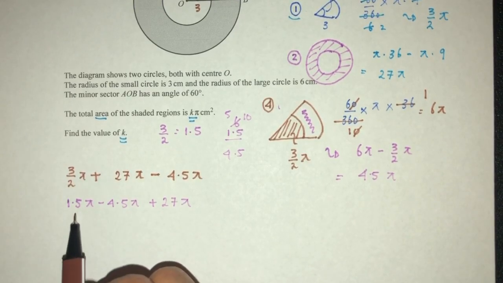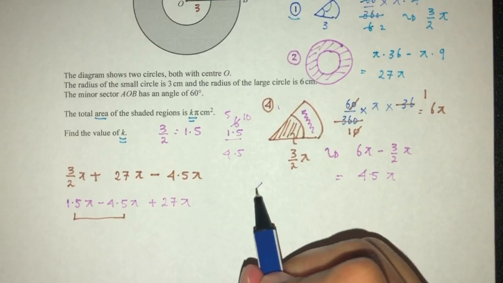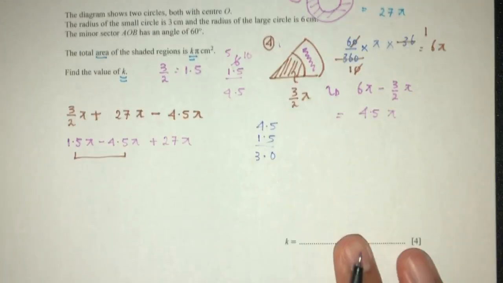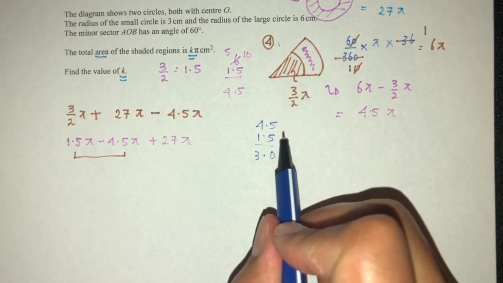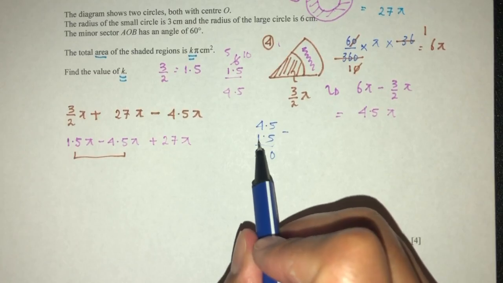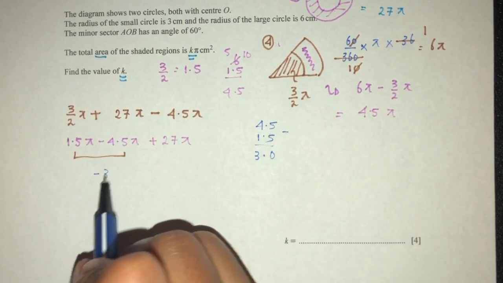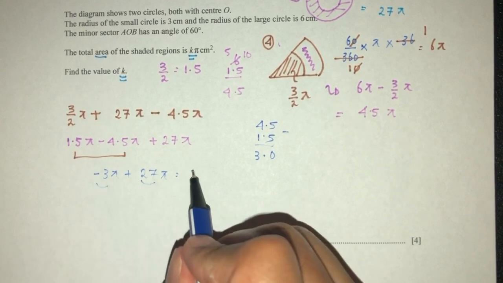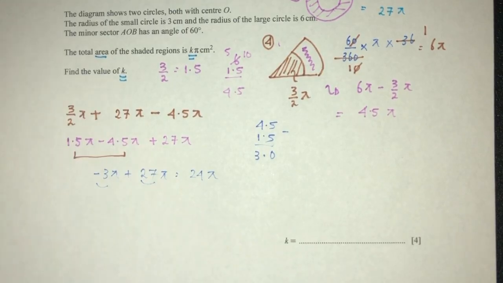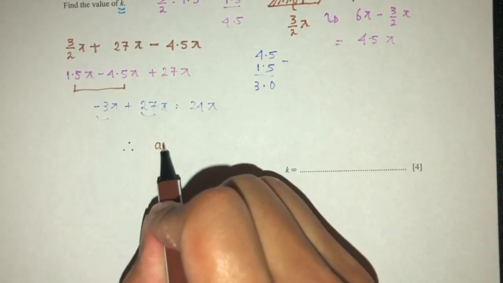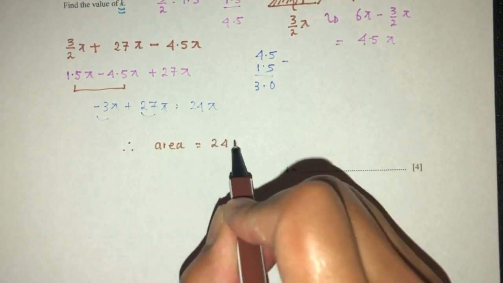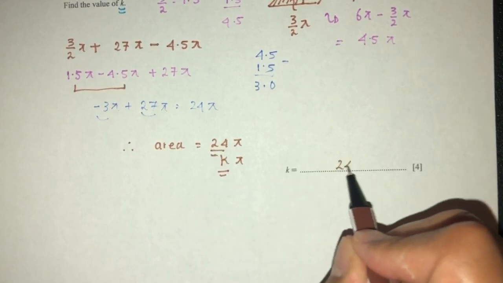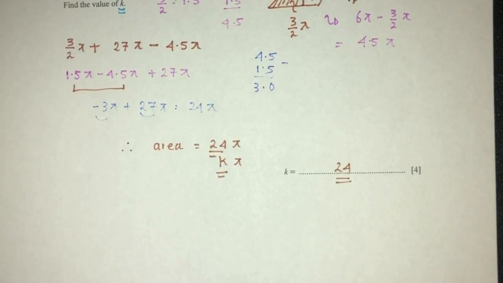Let's do these two first. What is 1.5 minus 4.5? It will be minus 3 pi. And plus 27 pi, your answer will be 27 minus 3, which is 24 pi. So finally, step by step, we were able to find that the area is 24 pi. Comparing with k pi, the value of k has to be 24 for your question number 23.